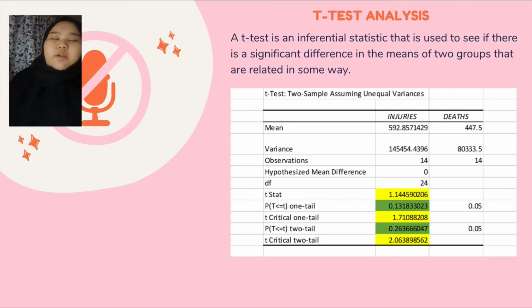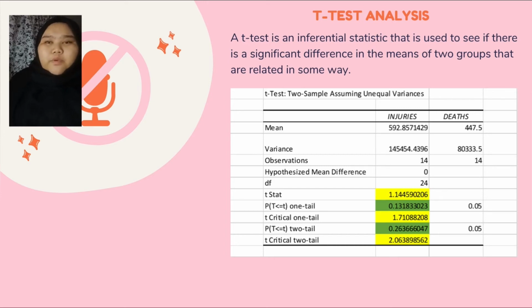Next, the number of observations is 14 for both injuries and deaths because the data were taken from the same state. The t-stat is 1.145, while the t-critical for one tail and two tail were recorded as 1.711 and 2.064. The p-value for one tail is 0.132, while the p-value for two tail is 0.264.